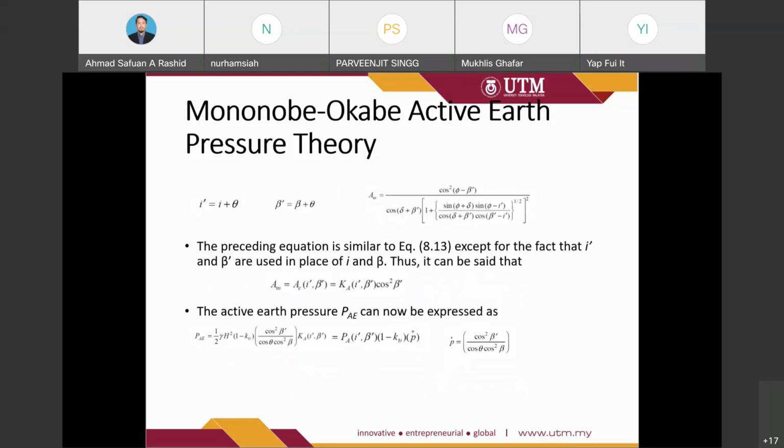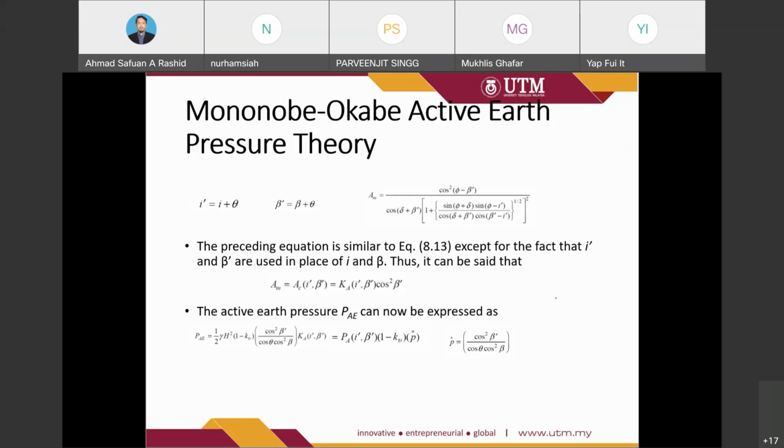So the preceding equation is similar to equation 8.13, except for the fact that I prime and beta prime are used in place of I and beta. In those, it can be said that AM equals AC of I prime beta prime, which is equal to KA of I prime beta prime cos square beta prime.